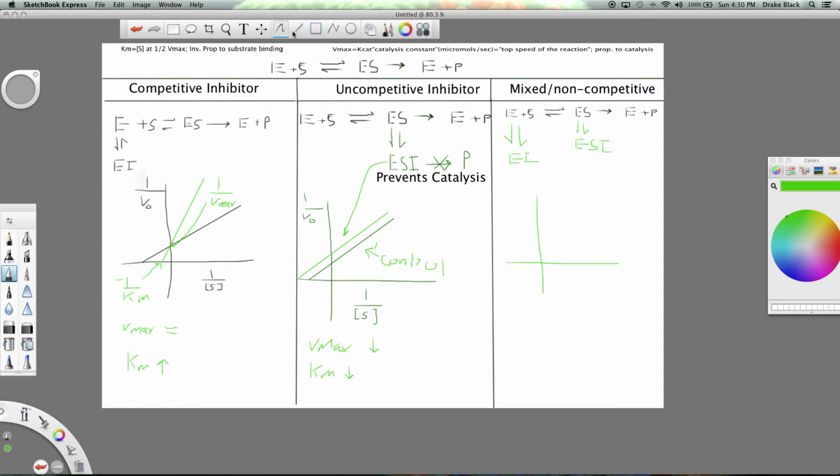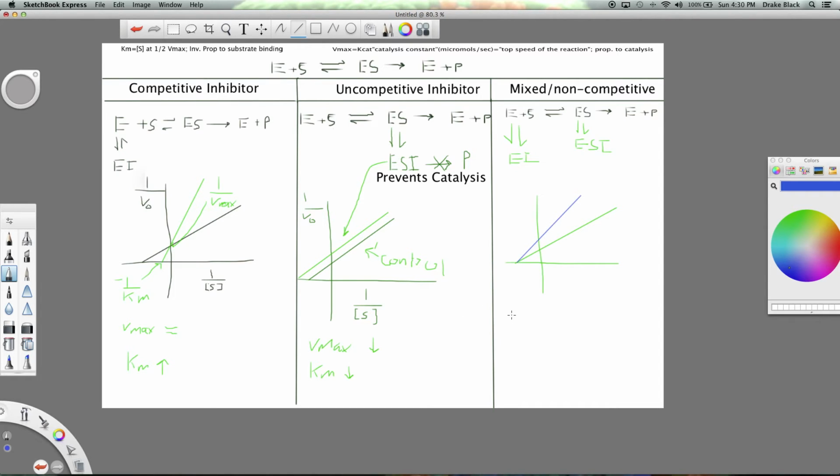If we're going to have the control be right here, let's say, then our inhibited one is going to look like this. So they have the same Km value, but differing binding affinity.